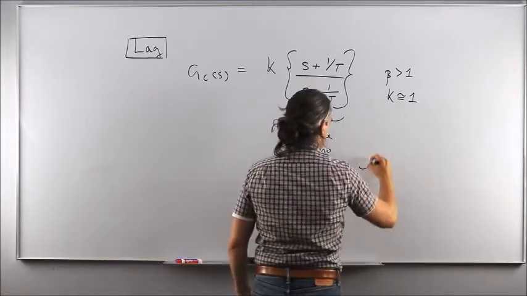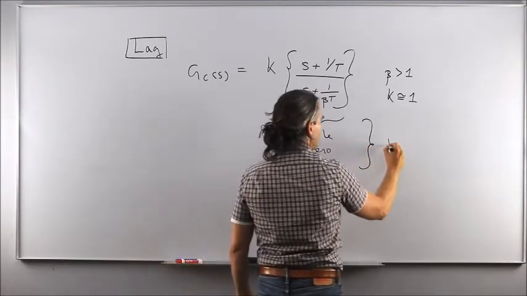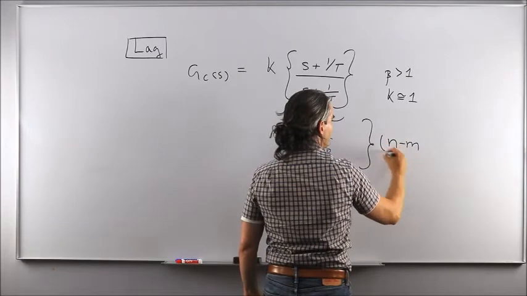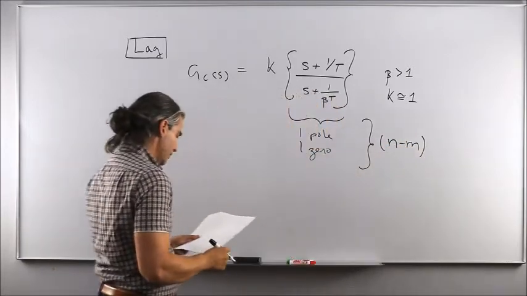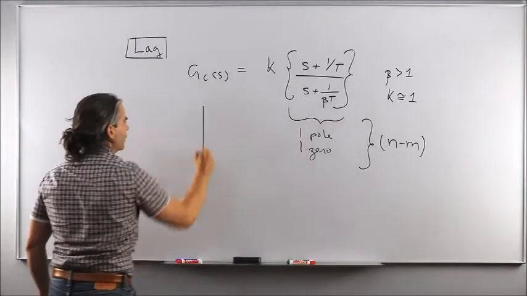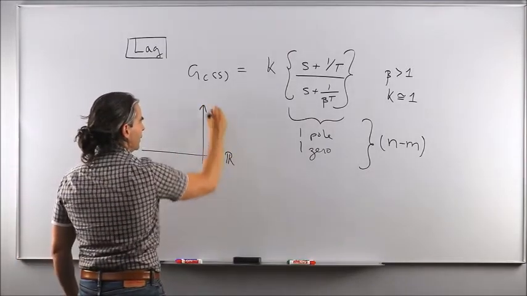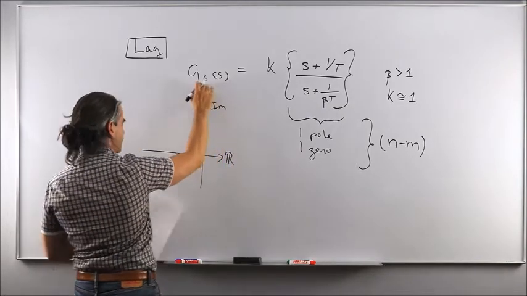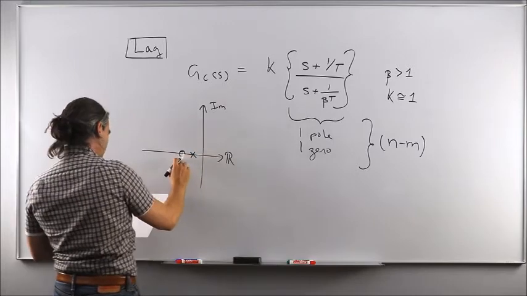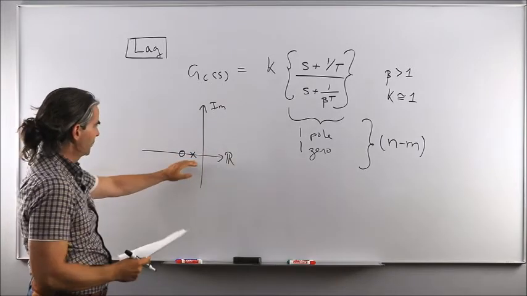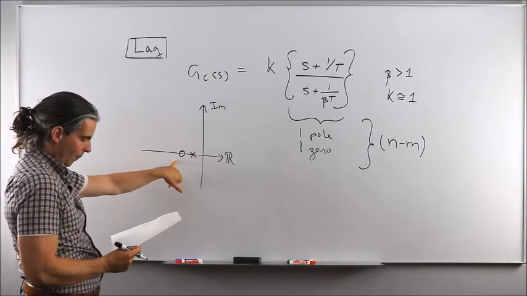And exactly as before, the fact that we're adding 1 pole and 1 zero will not change the number of asymptotes quantified by n minus m asymptotes. And also, if you look at the respective position of the pole and the zero for this compensator, we are going to get the zero almost on top of the pole, yet slightly to the left of the pole, like that.